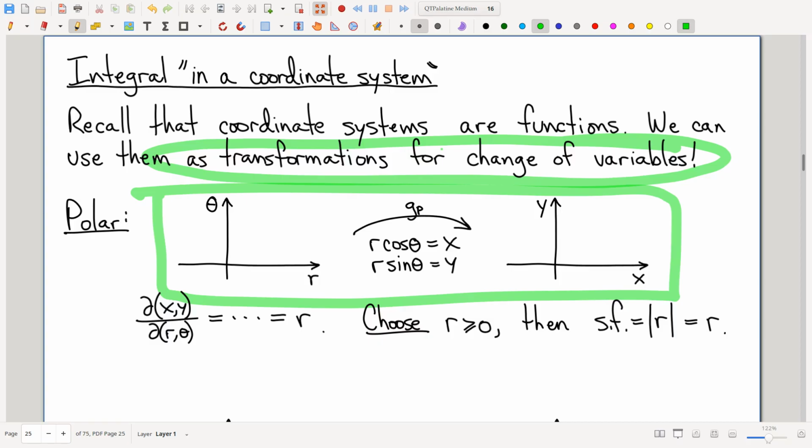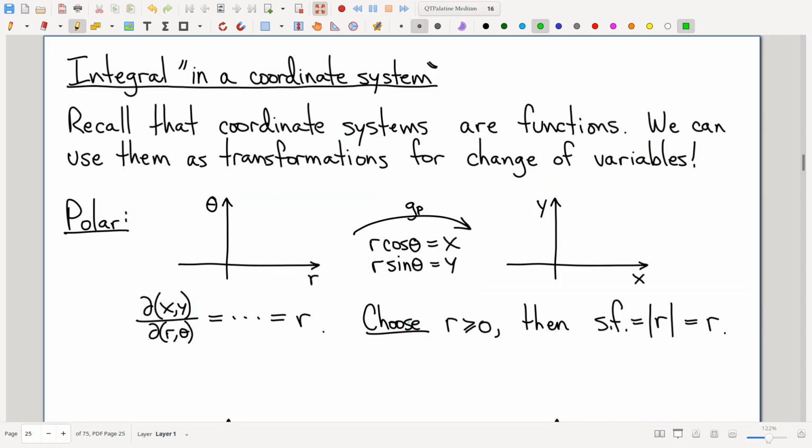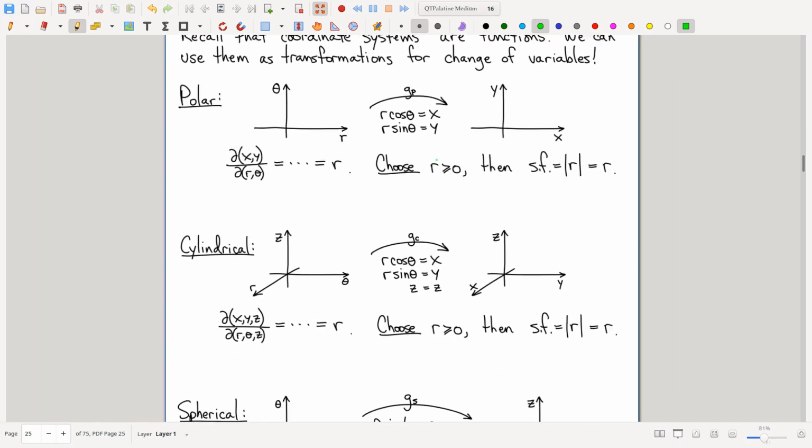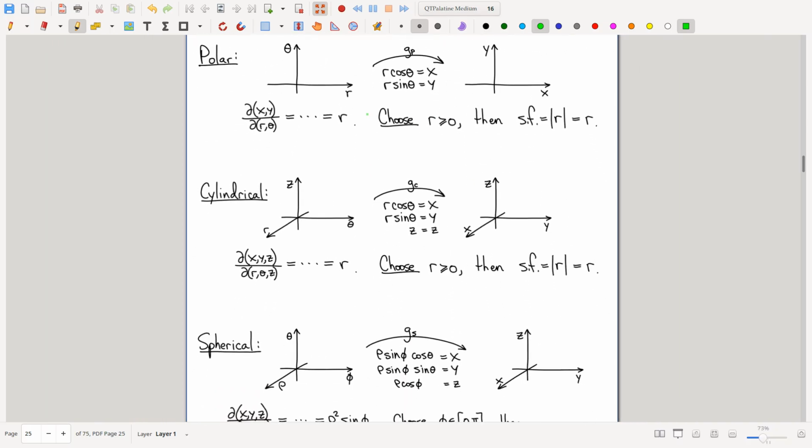It turns out this is one of the very best change of variables functions you will ever find. It is useful extremely commonly. Likewise, let's try to get this all on the screen at once, not only polar coordinates but also cylindrical coordinates and spherical coordinates.